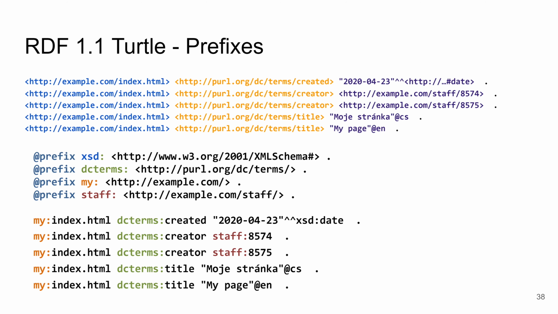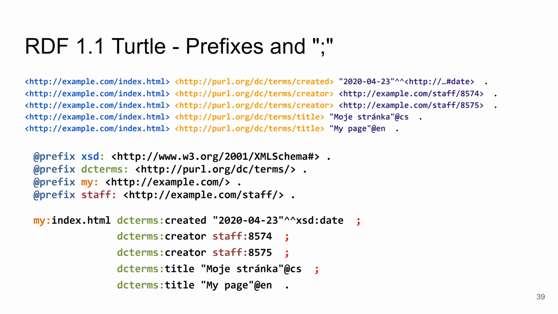Now, if we take a look at the prefixed data, there is still some redundancy. For instance, we can see that the subject is the same for all 5 triples, yet it is repeated 5 times. So let's take care of that, and let's introduce a semicolon, which means that the subject is the same as for the triple before that.